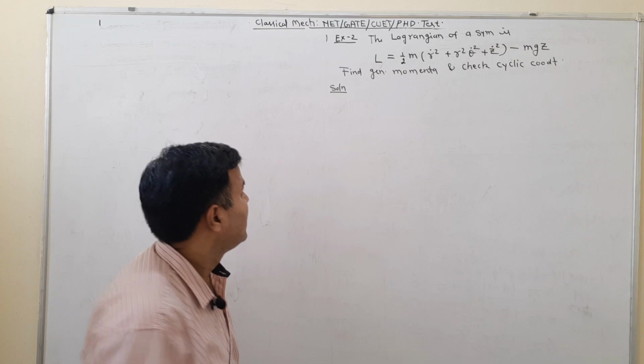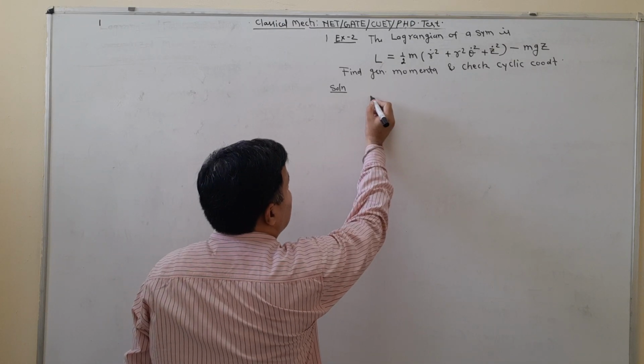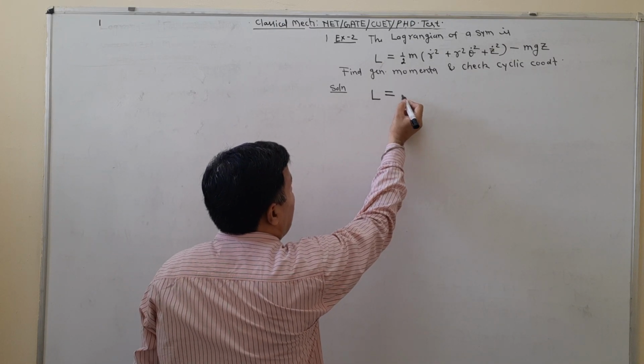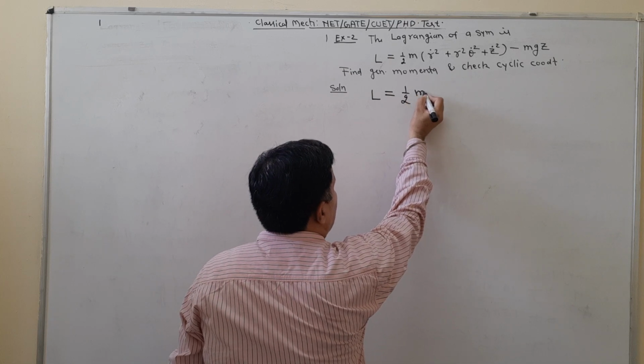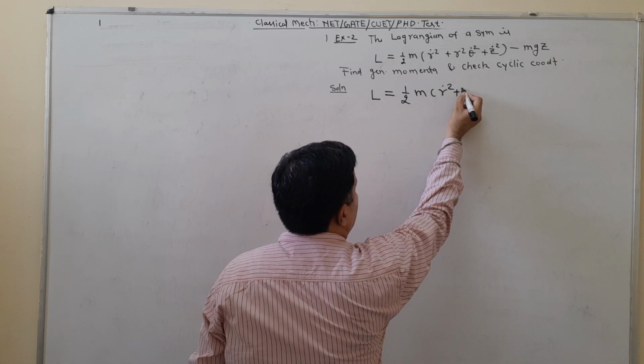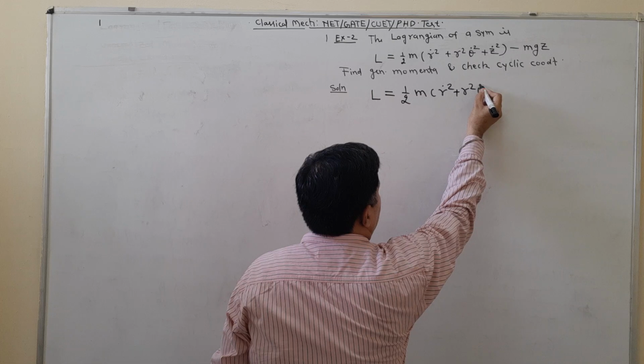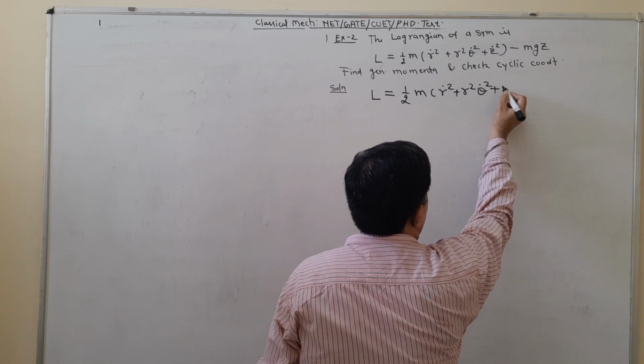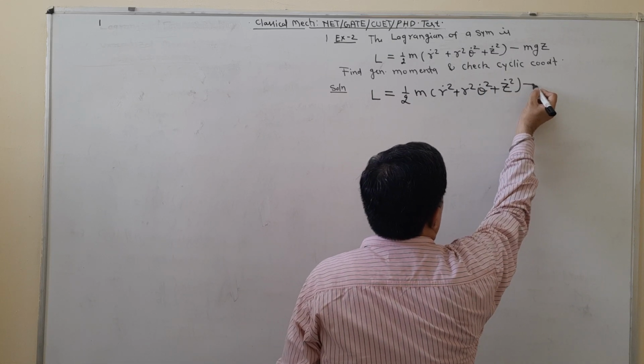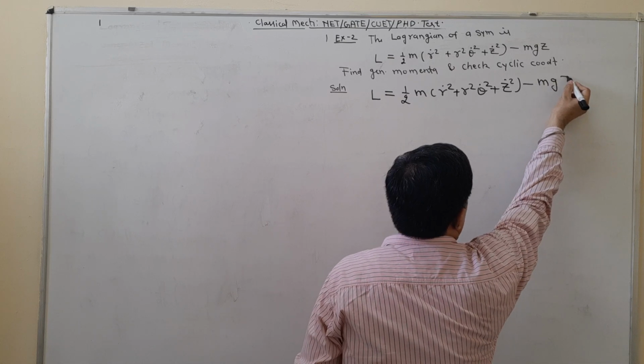So let us see. We have this Lagrangian, L equal to 1/2 m (r dot squared plus r squared theta dot squared plus z dot squared) minus mgz.